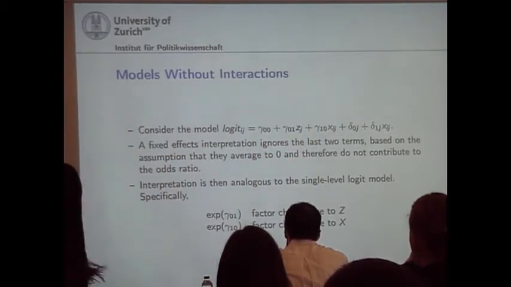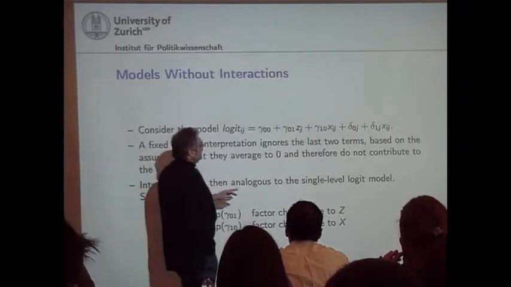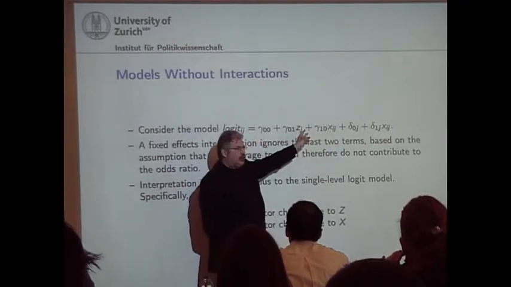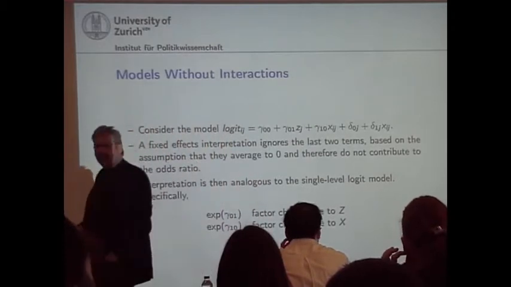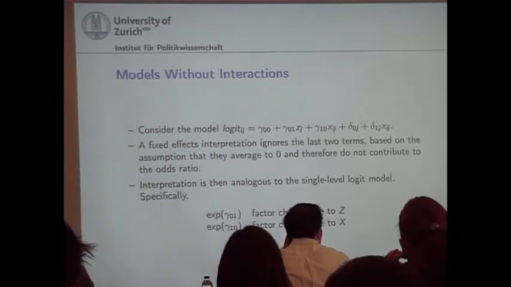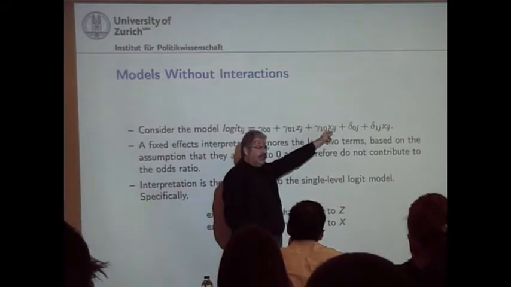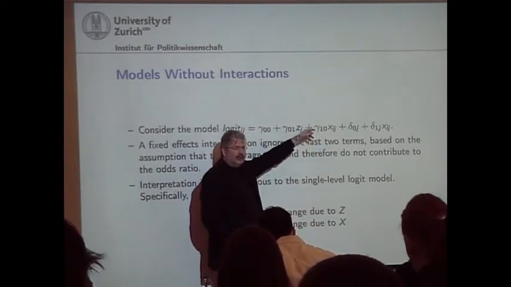And now imagine that we then do the following. We say, let's change, say, the x variable. Let's increase the x by 1 unit while keeping the z constant. Then you can actually evaluate this odds for the new value of x. You can compare it to the odds for the old value of x.